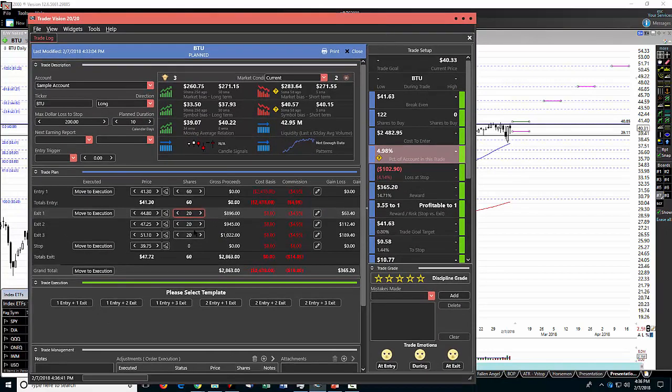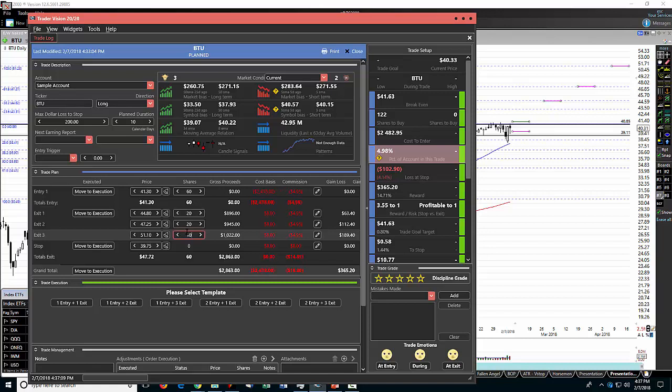If I were to do an even split across the 3 exits, what I would see is that we're risking $103 if I'm stopped out, looking at a reward of $365, but I'm only picking up about $63 at that first target, which is not much. So let's see if we can't play with these numbers.